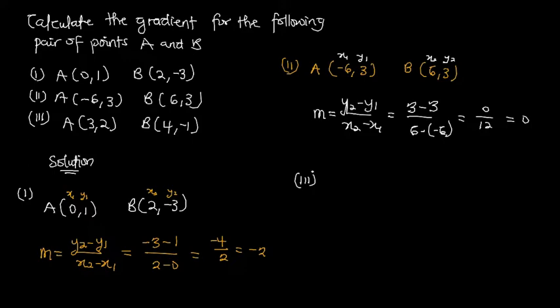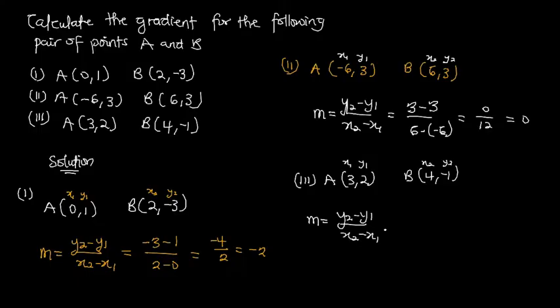So let's have our gradient here. So we have our point A is (3, 2), our B is (4, -1). So this is my x1, my y1, my x2, my y2. So I can go ahead and write my gradient formula, which is y2 minus y1 over x2 minus x1.